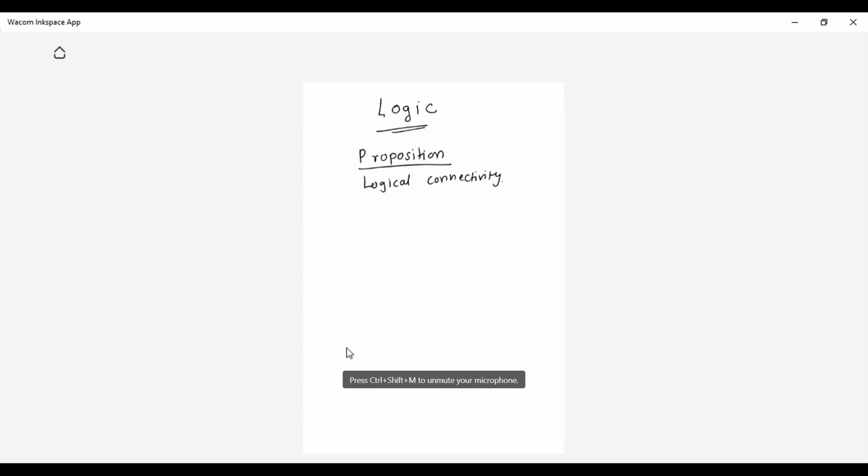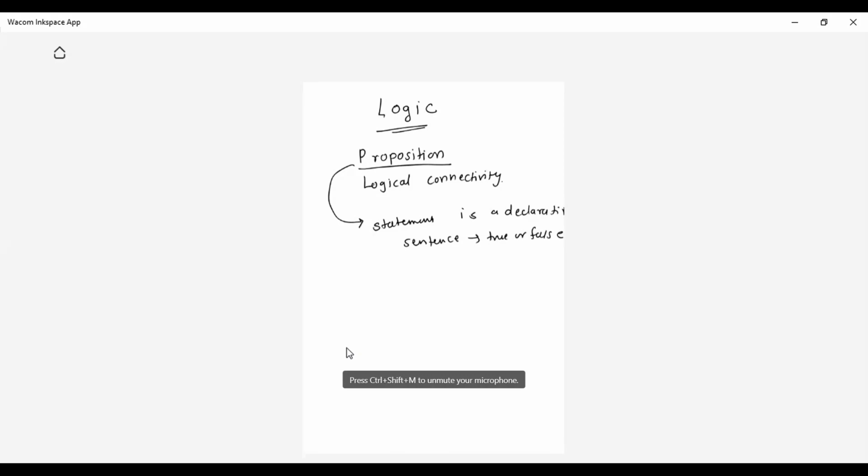The proposition, we can call it a statement, is a declarative sentence which is either true or false. If I want to define it, a proposition is a statement, a declarative sentence, which is either true or false.